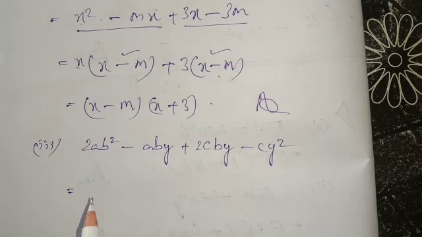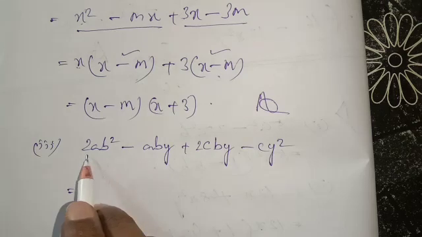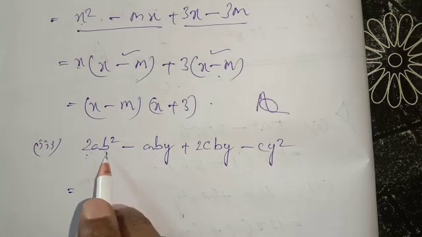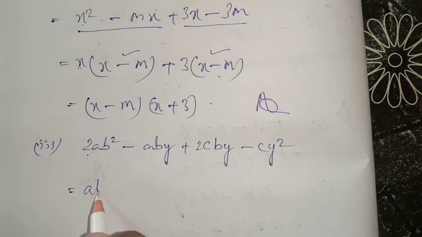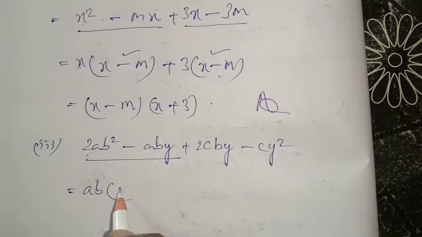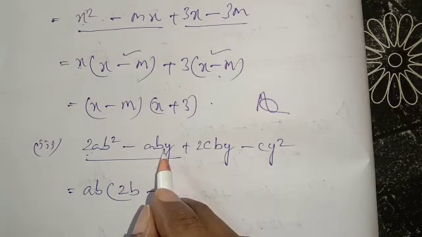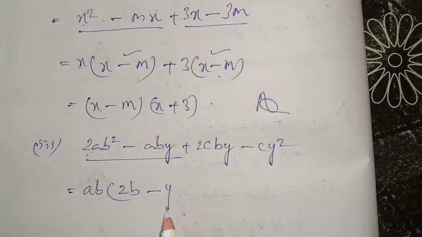You have to make the groups first of all. From the first two you have to take common how much? You see, ab you can take common. After taking ab common, what is left here? 2b left here and y left. Minus ab taken common and y left, 2b minus y.